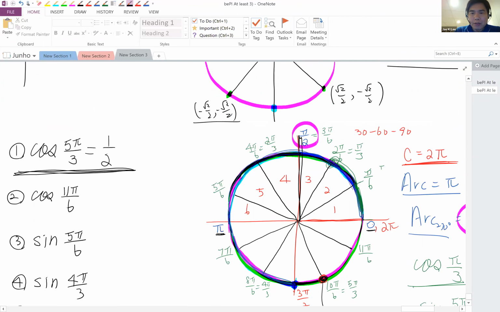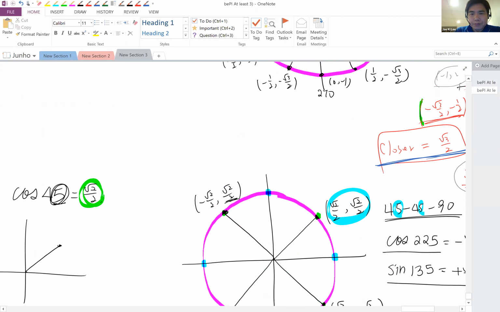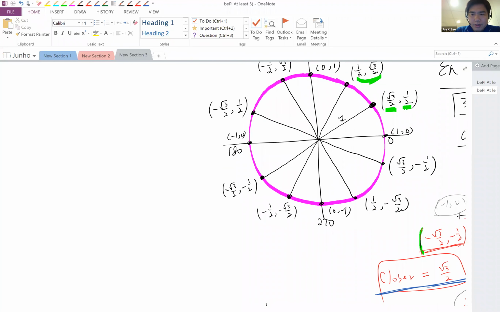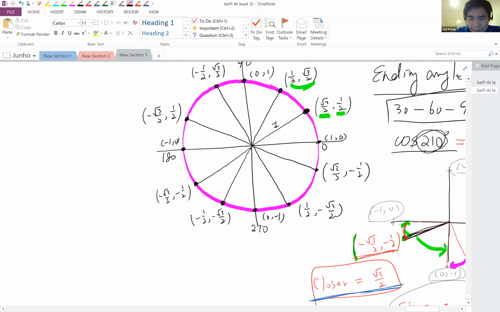Because when we go back to here, this is basically 300 degrees, or 5 pi over 3. Then the ordered pair becomes 1 over 2 and then negative root 3 over 2.